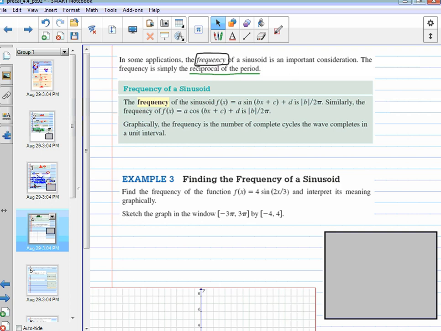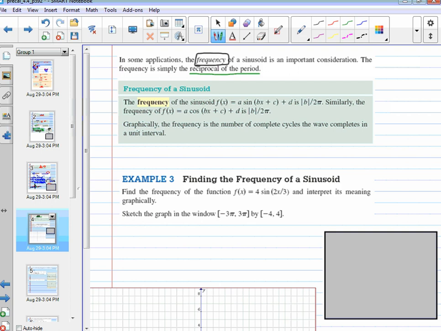Now let's think a minute what period means. It means how many radians per one cycle. Radians per cycle. So frequency is cycles per radian, or cycles per something else.